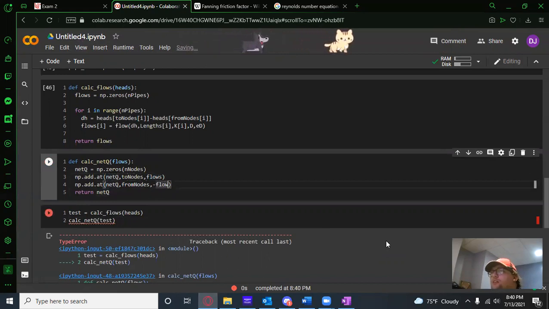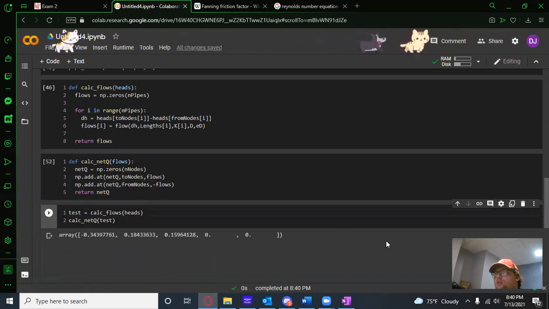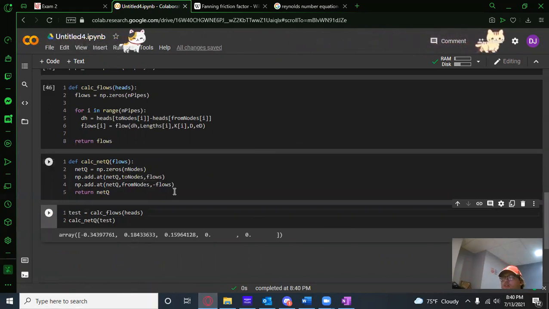I keep forgetting to put the S there. All right, so as you can see, from node 0, this is how much fluid's being taken away from that node. This is how much is getting pushed into node 1. This is how much is getting pushed into node 2.